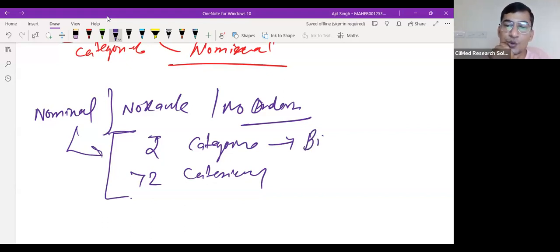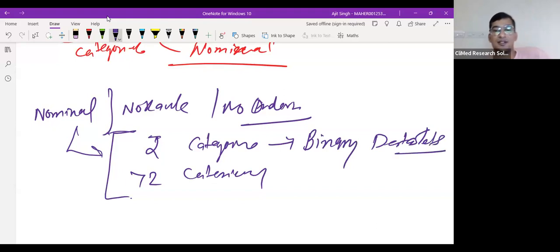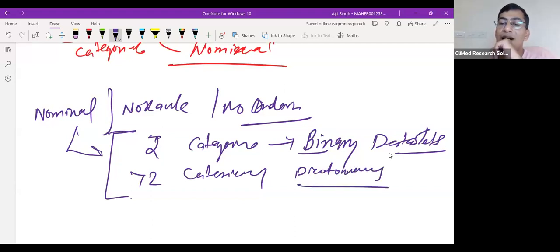Simple, two categories is binary data type, binary data sets. If there are only two categories, it is either binary or dichotomous. Bi means two, and dichotomous also means two.